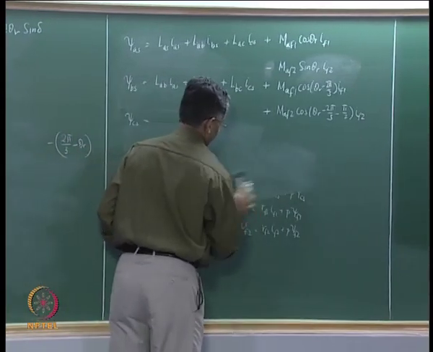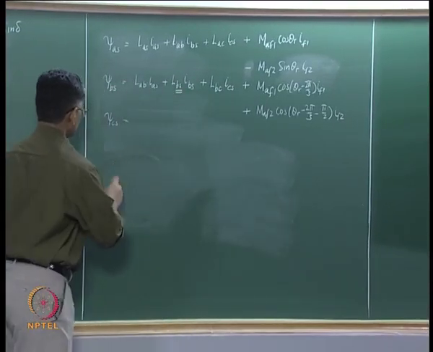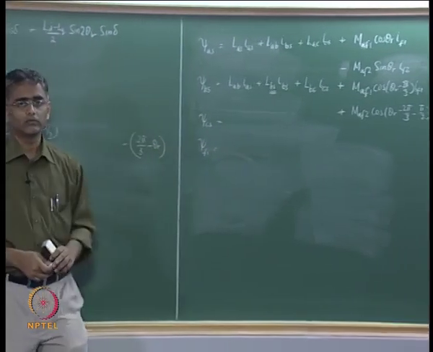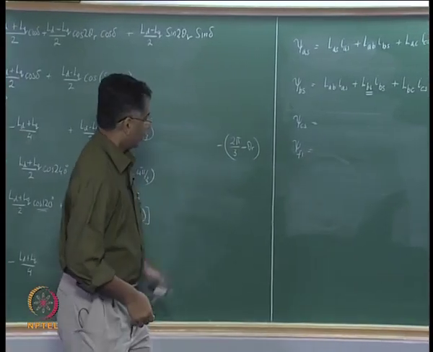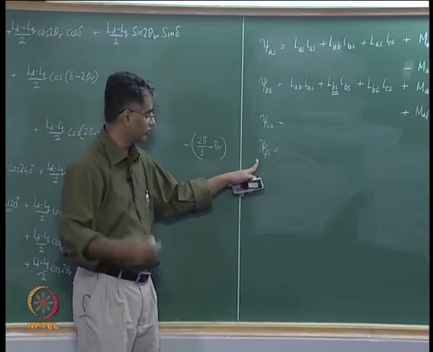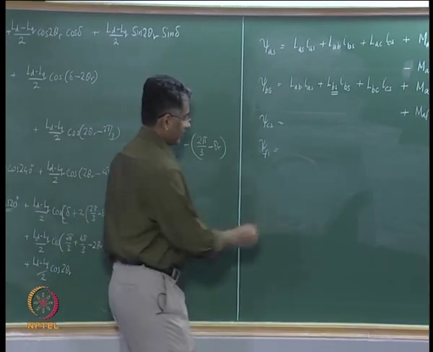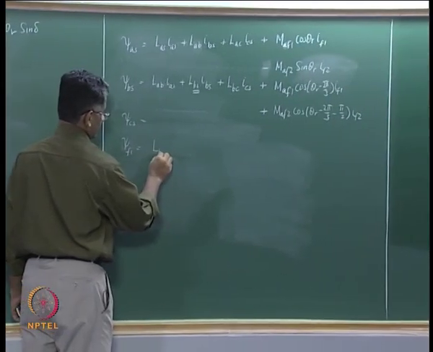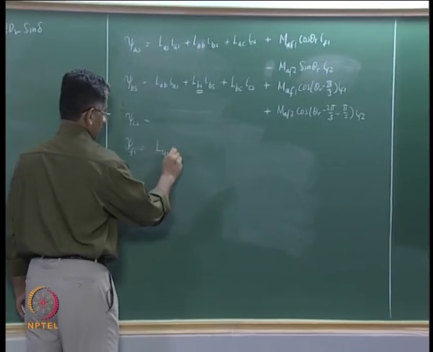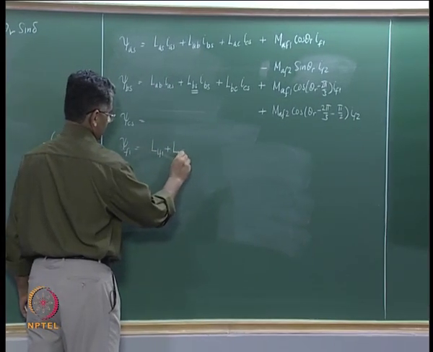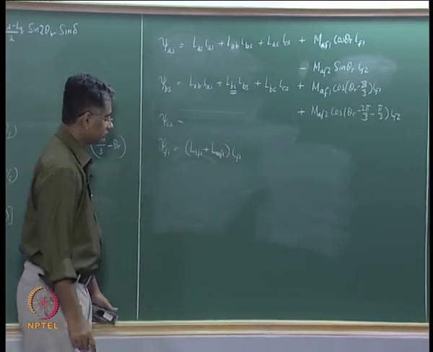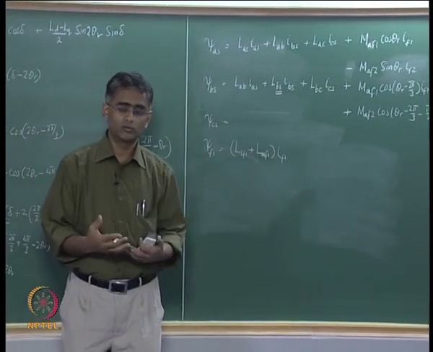For the rotor, psi F1, if we write, the flux linkage in the rotor would again have a self flux component and a mutual flux component. The self flux component can be written as a leakage inductance of the F1 coil plus the magnetizing inductance of the F1 coil multiplied by IF1, and then you have mutual flux components.